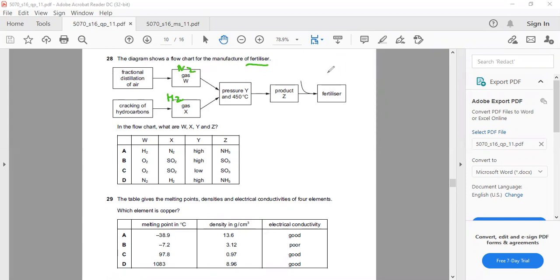Fertilizer, obviously, it will be ammonia, right? Pressure: if it is ammonia preparation, pressure is 200 atmosphere, which is high. So D is the answer, and Z is ammonia.